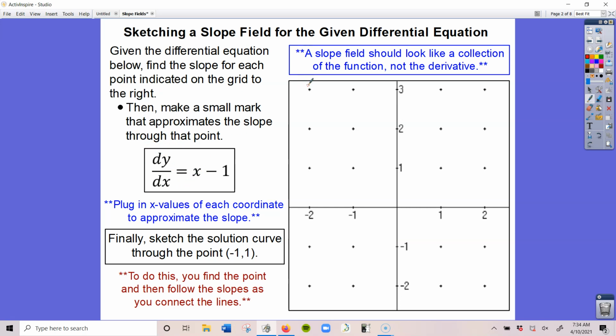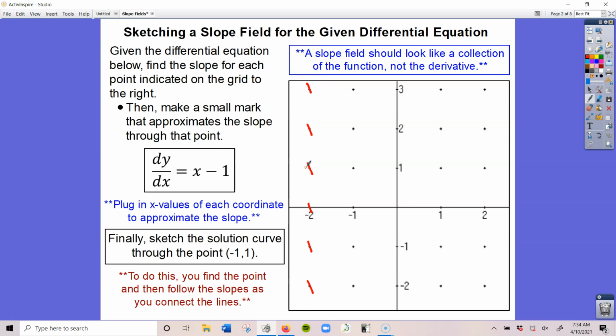So we put little tick marks to indicate what the slope would look like. If it's -3, that means it would go down, and it would be pretty steep, so it would look something like this. So this represents my slope of -3.